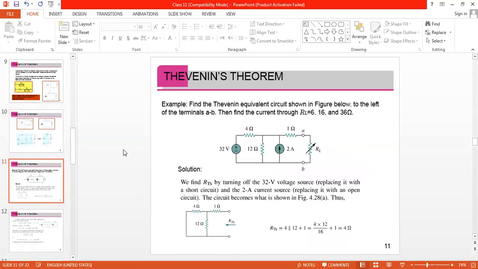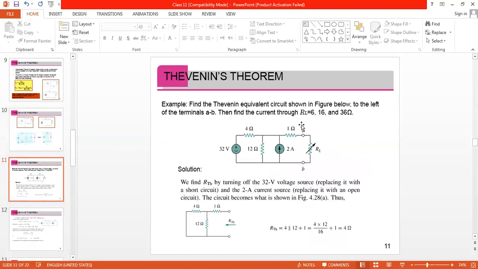The Thevenin theorem states that if you are given any circuit in which you have a load with terminals A and B and you have the rest of the circuit like this one, you can replace all of this circuit with one voltage source and one resistor in series.